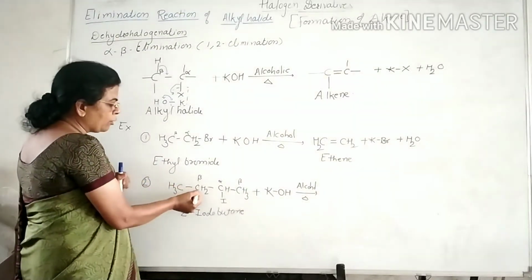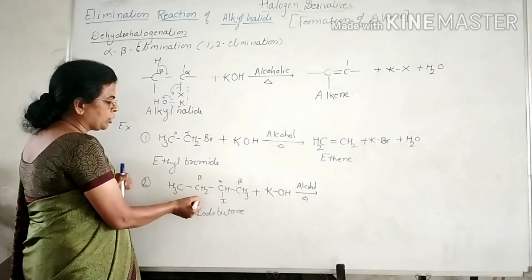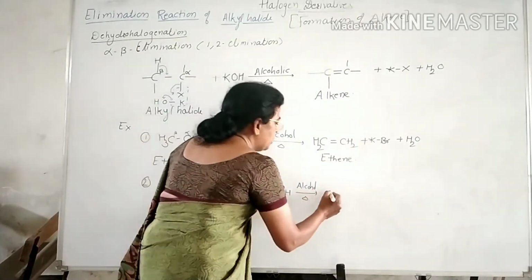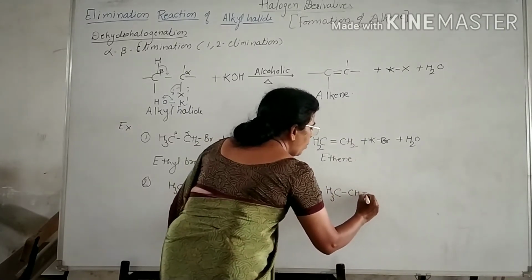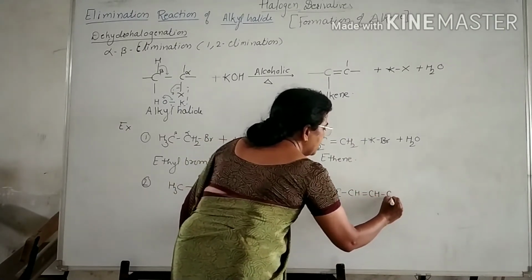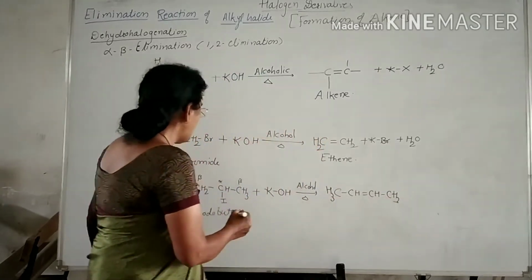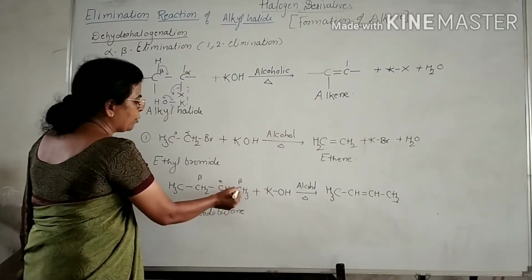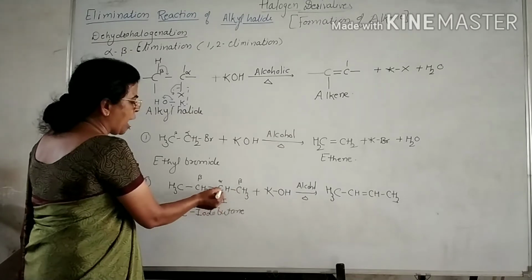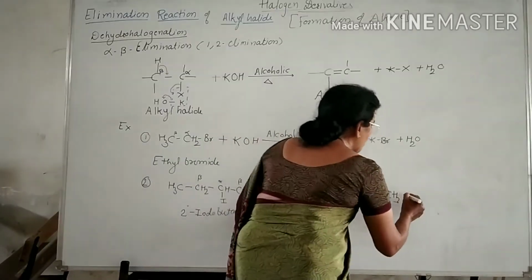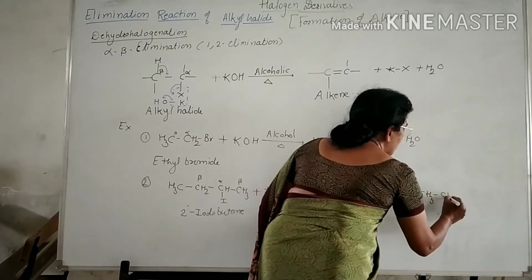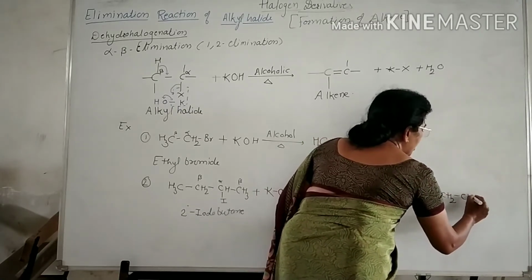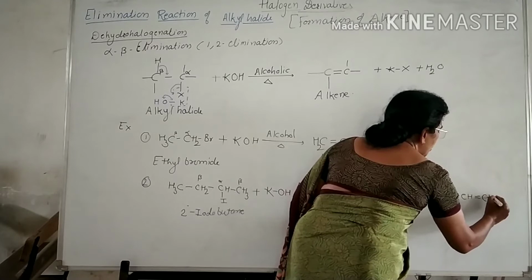If this beta hydrogen atom is removed, then we will get CH3CH double bond CHCH3. And if the other beta hydrogen atom is removed with this iodine, then we will get the next product, that is CH3CH2CH double bond CH2.